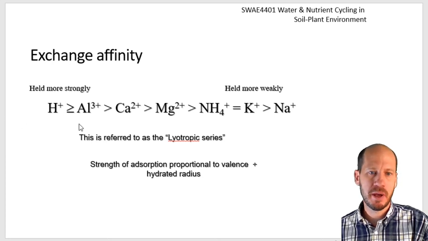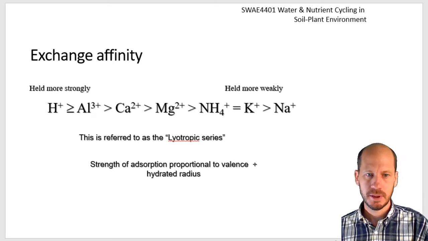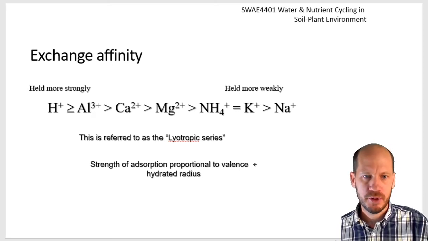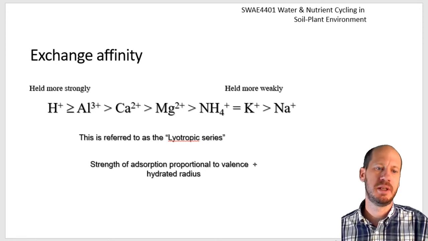So in the same space, the density of the charge will be very high. So this charge density of these ions is what regulates this exchange affinity. The smaller they are for the same valence, the higher the affinity. The bigger they are for the same valence, the lower the affinity.